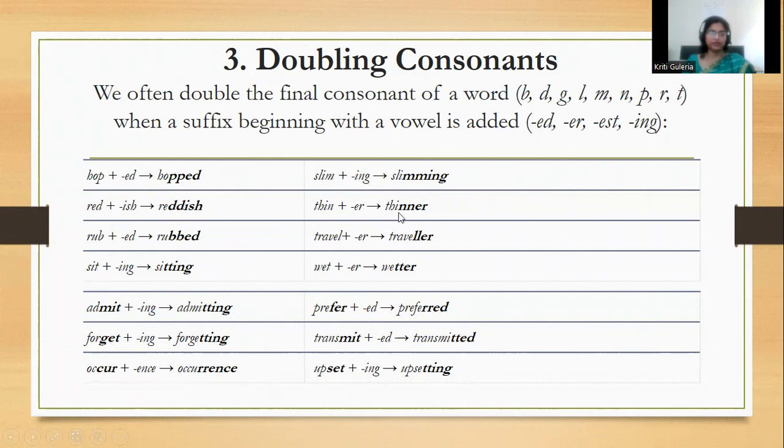In thinner, we can see double n. Travel, traveler. Wet, wetter. Prefer, preferred. Transmit, transmitted, T-E-D. Upset, upsetting, S-E-T-T-I-N-G. Okay, so here we have to double the consonants.